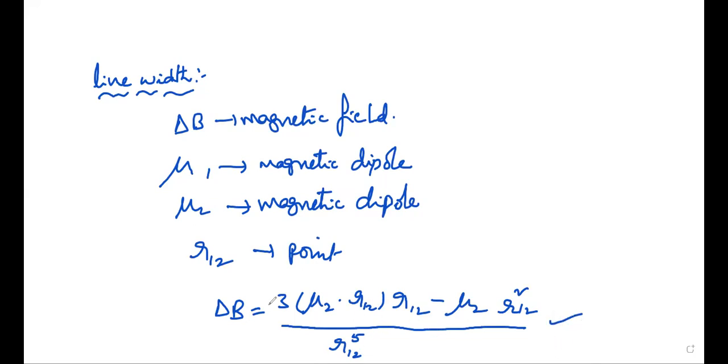So the order of magnitude of the interaction Bi is simply mu by R cube.